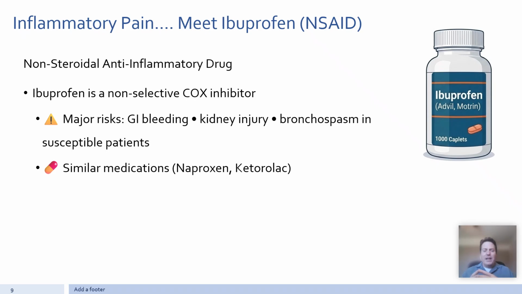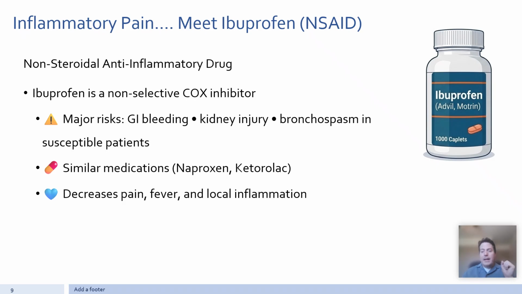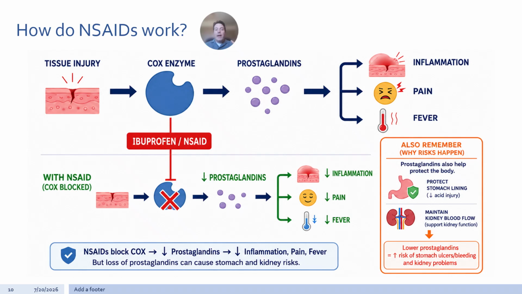There are some different medications that are similar to ibuprofen, like naproxen and ketorolac. I give a ton of ketorolac every day when I'm in the ER. And this medication decreases pain, decreases fever, reduces local inflammation because it's blocking that COX-2, but it also blocks COX-1.